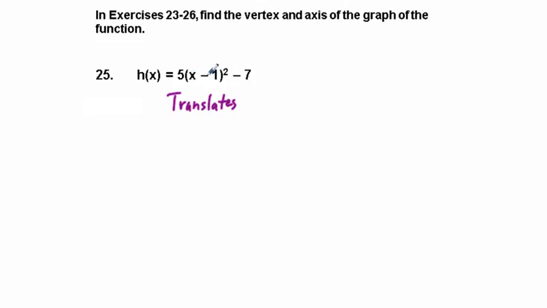And so since h is 1, we will translate 1 unit to the right and 7 units down. k is -7.